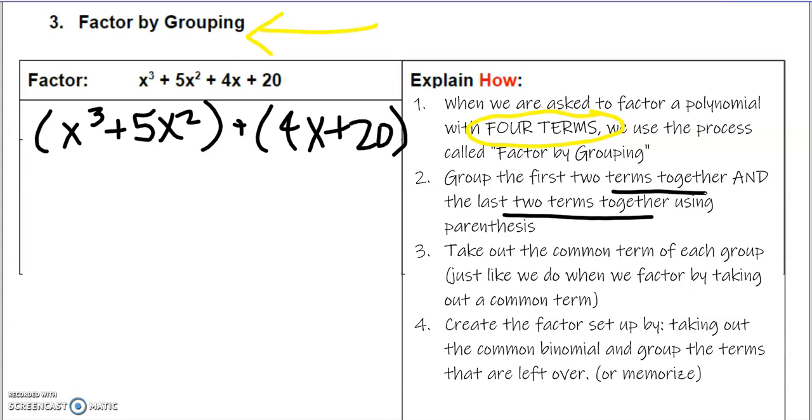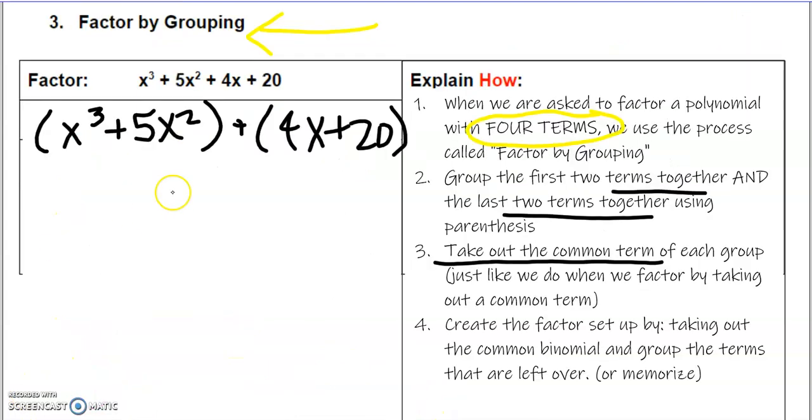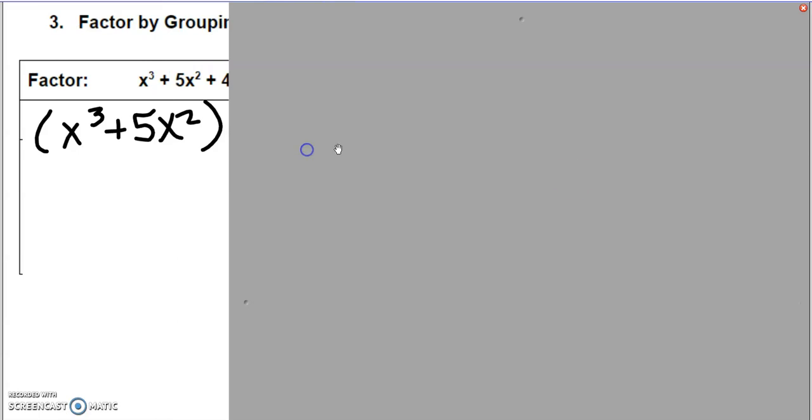Okay? And now we're taking that same step that we just did before of taking out a common term. Just like we did here, we're going to do that with these mini groups. So we just need to focus on one group at a time. So x cubed plus 5x squared, what do both of those terms have in common? Well, I notice they both have x's, right?